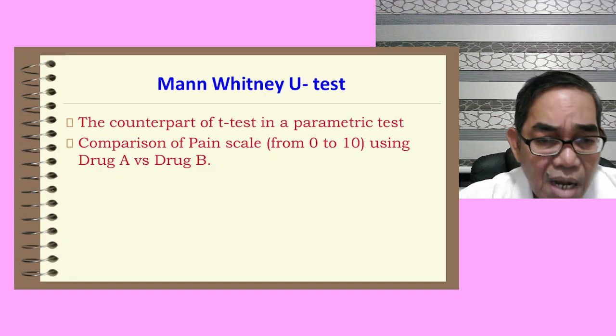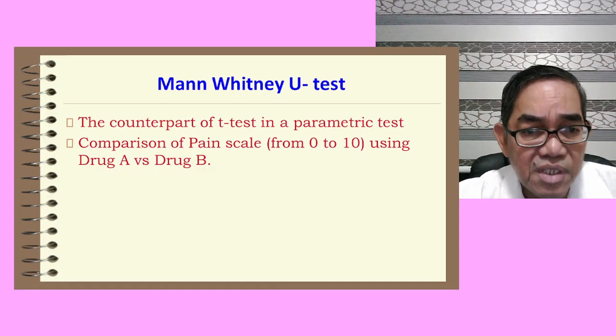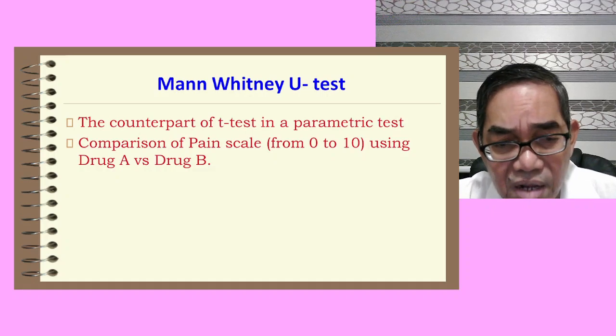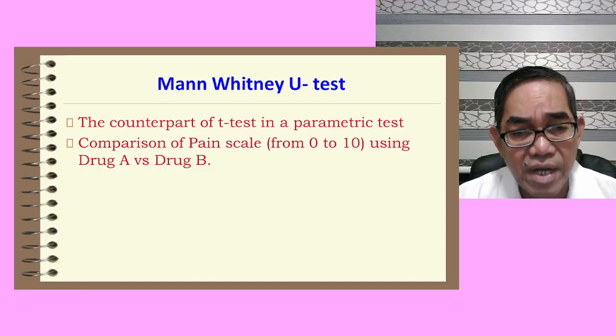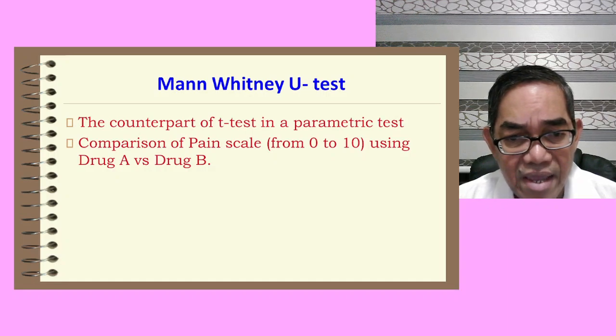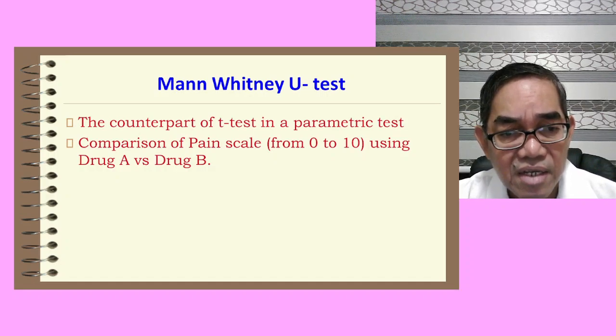So let's give an example. Comparison of pain scale from 0 to 10 using drug A versus drug B. So you have two groups of people, one given drug A, another given drug B. Then you compare the pain scale of these people. So these are different people.